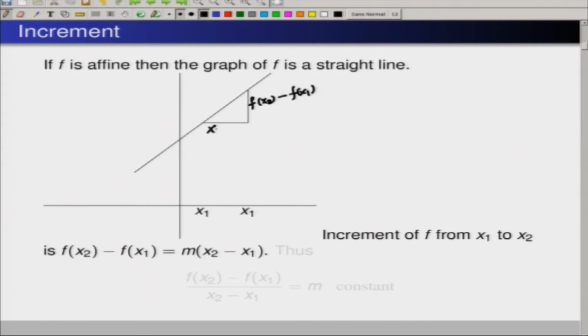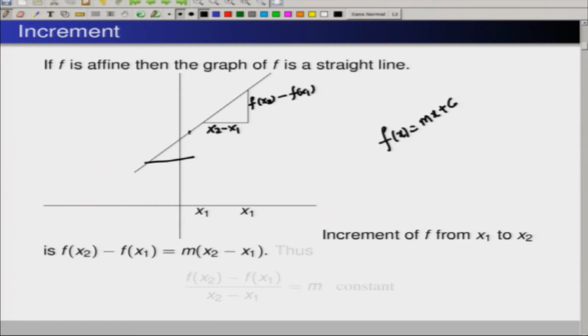Since we have taken f equal to m x plus c, therefore f of x 2 minus f of x 1 is going to be m times x 2 minus x 1.